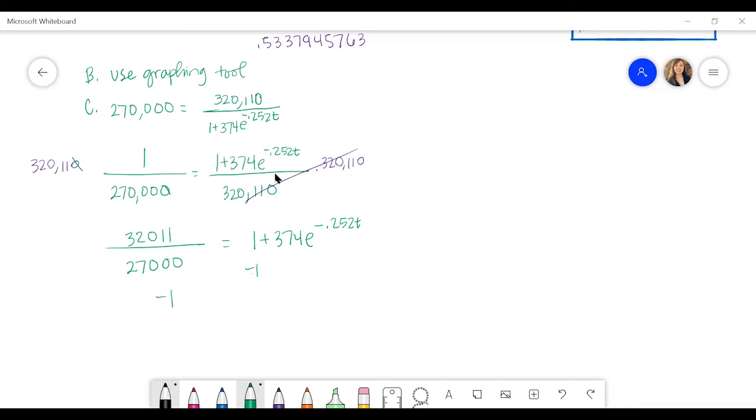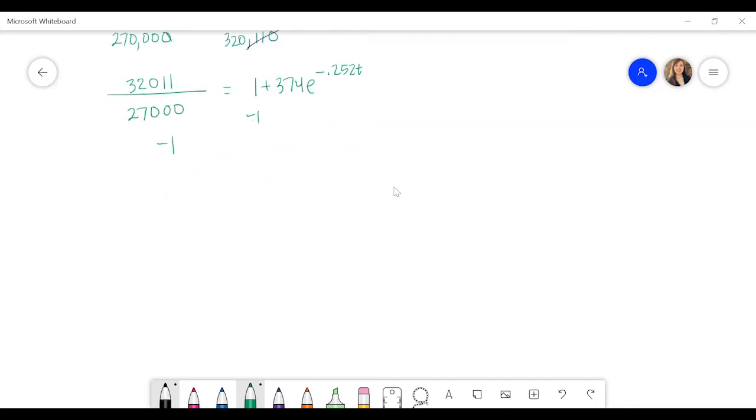We're going to subtract 1. And again, for the sake of this being really clean, it might be something that just gets thrown into a calculator. So I'm going to divide by that 374. So again, you might want to start putting things on a calculator now.